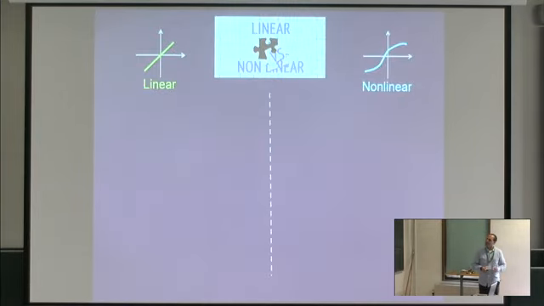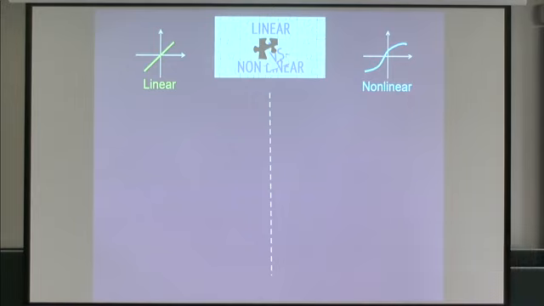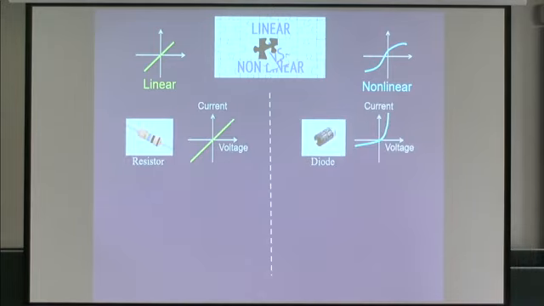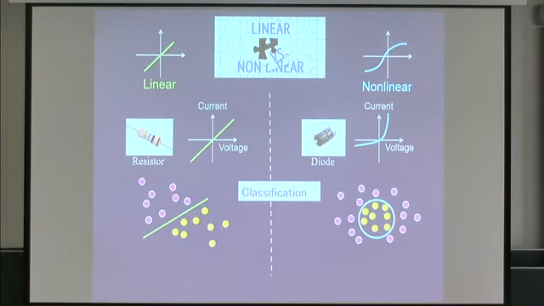Okay, so let's go to the basics of linear versus nonlinear. Because I'm coming from the engineering world, these are some slides I show to undergraduate students, as a way to connect to them. So there are the linear and the nonlinear systems. Also in learning, of course, you have linear classifiers and nonlinear ones.